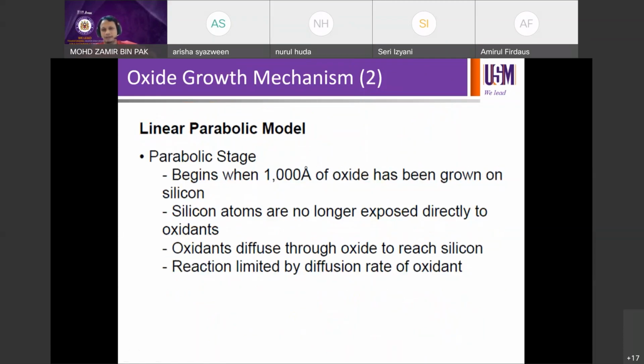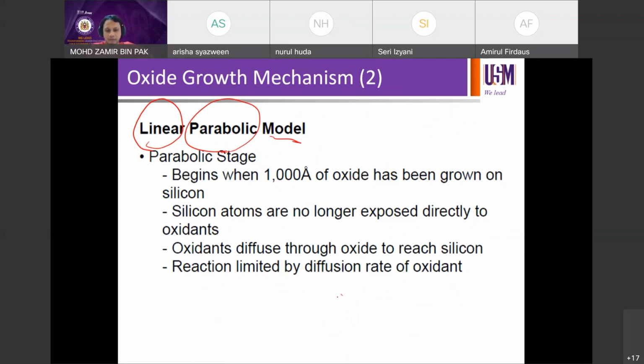Then we start to enter the parabolic stage. Remember linear, then parabolic model of the growth, right? The parabolic stage typically begins when the thickness of the silicon dioxide hits about 1,000 angstrom or so, 100 nanometer, grown on the silicon.